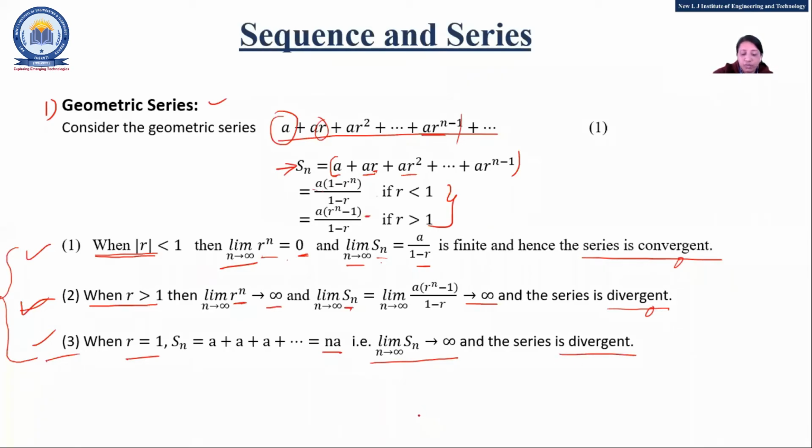So in short, if mod R is less than 1, it is convergent, and in other cases it is divergent.